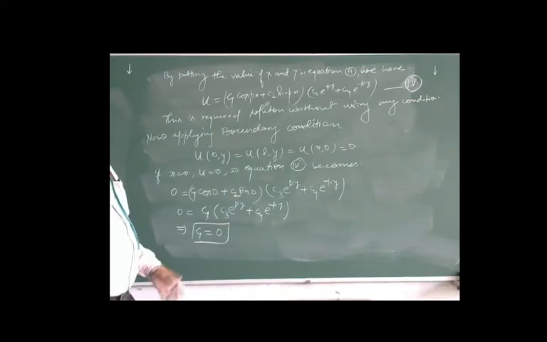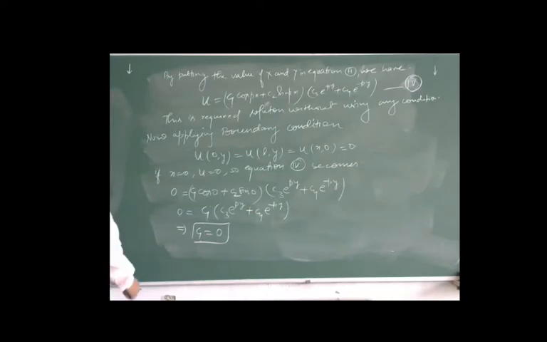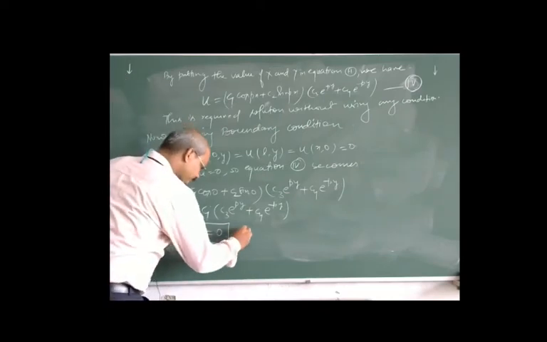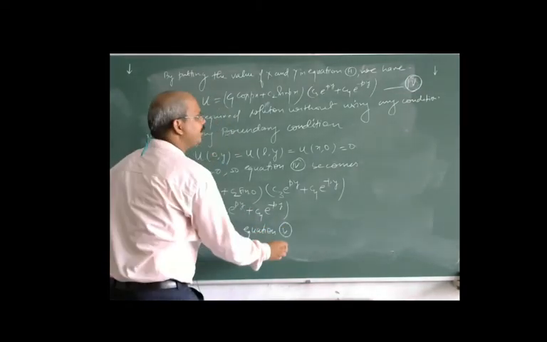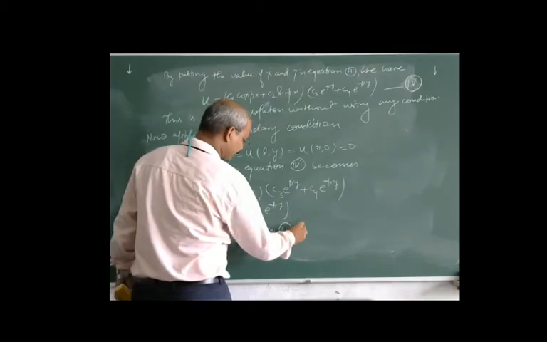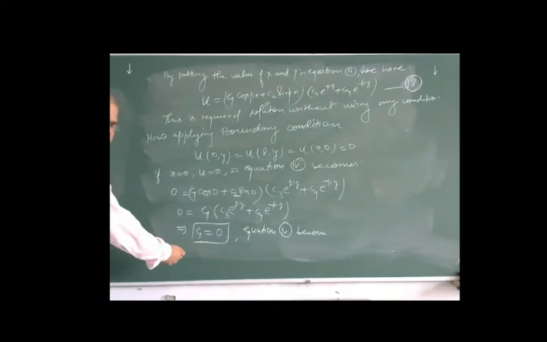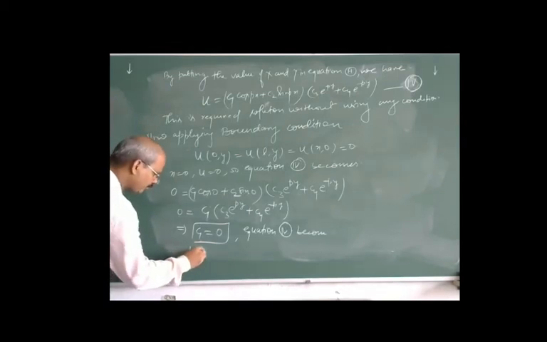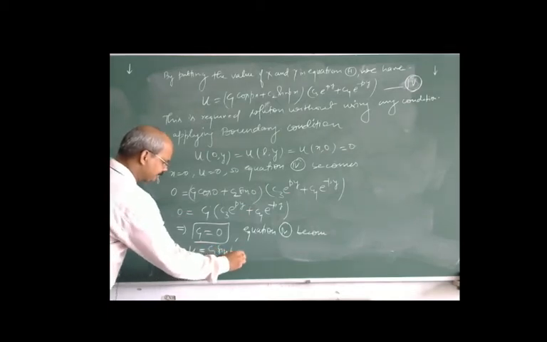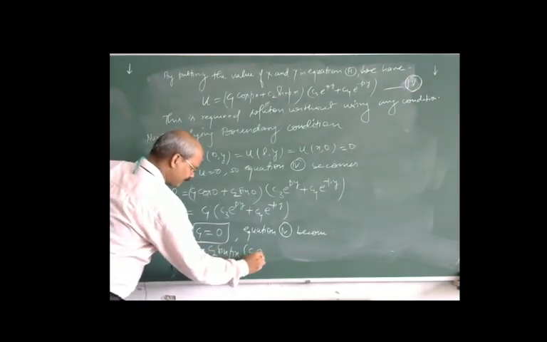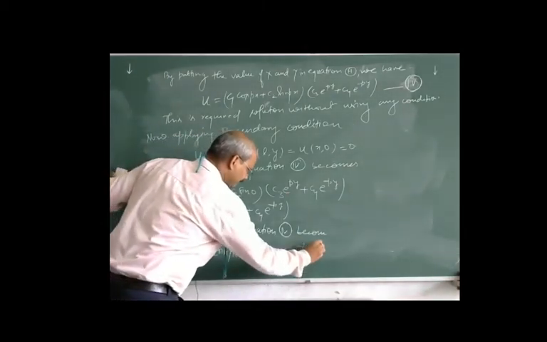C1 becomes 0. Now, after putting the value of C1 as 0, equation 4 becomes, just see here, u equal to C2 sin px, C3 e to the power py plus C4 e to the power minus py.